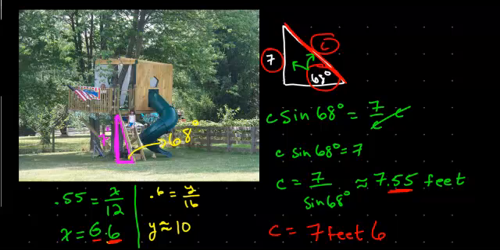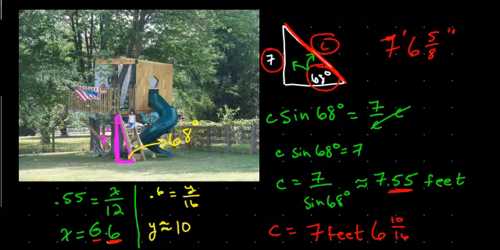This is how you'd write it using the carpentry lingo: 7 feet, 6 and 10/16 inches, which reduces to 5/8.